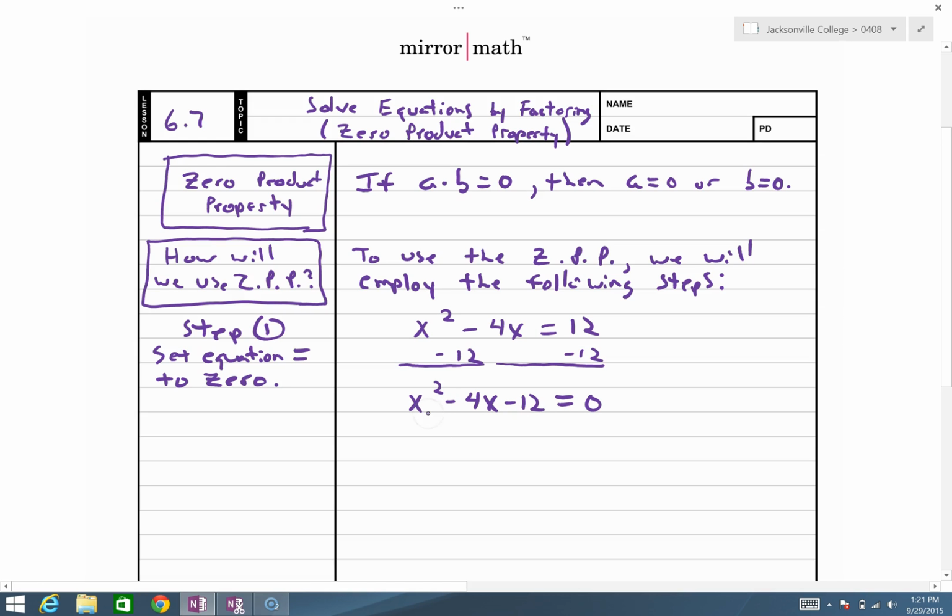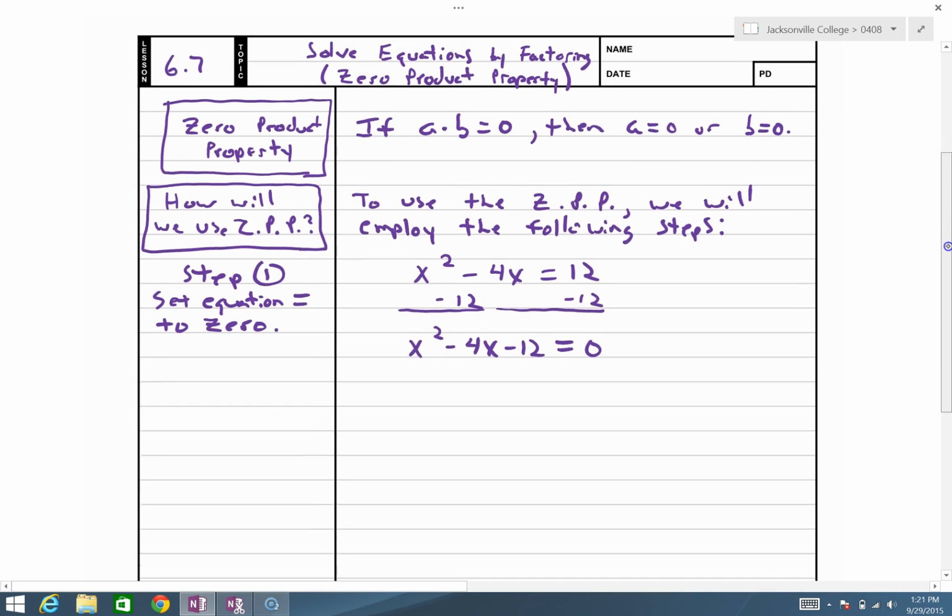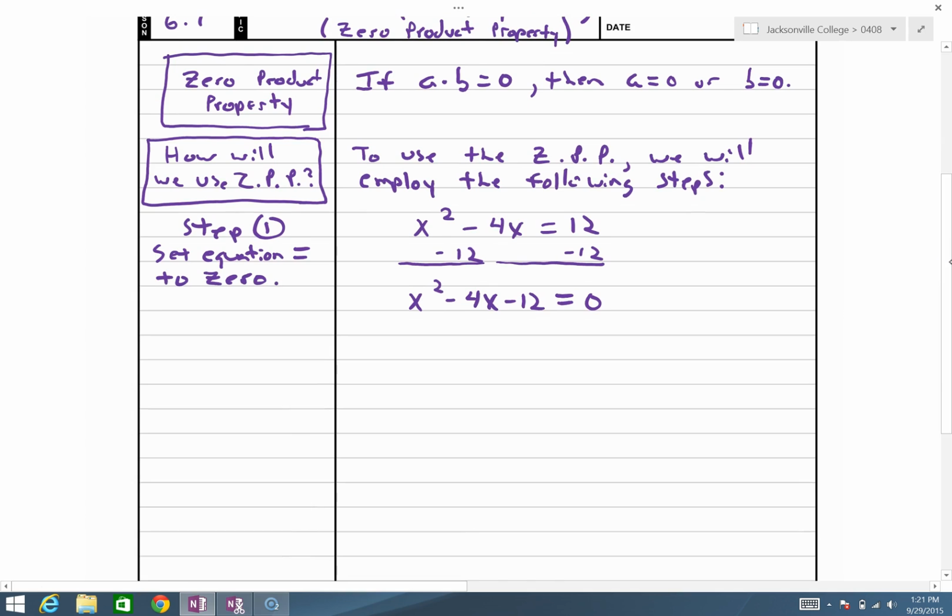Step 2. Factor. I have this statement, x squared minus 4x minus 12 equals 0. I want to see if I can factor this left side.